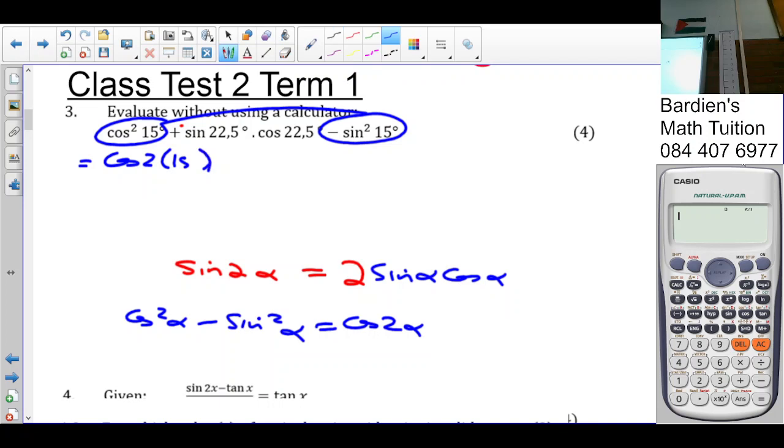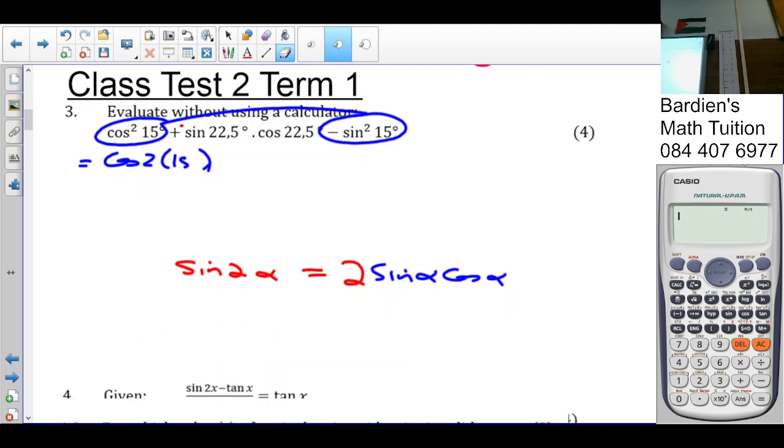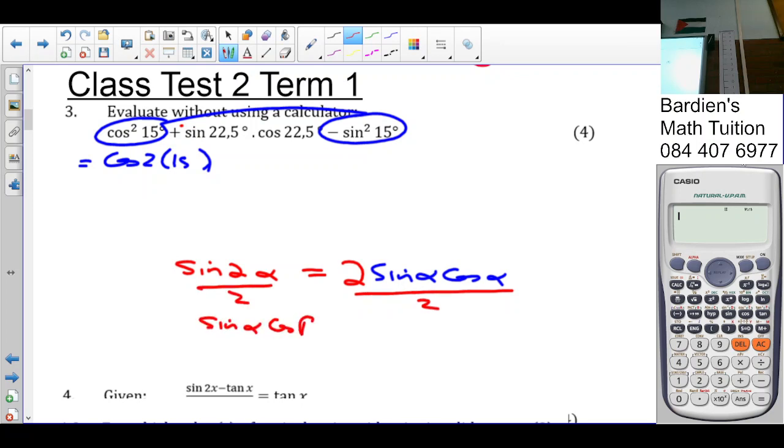Or it's going to be safer for you to say that to get this on its own, I divide by 2 both sides. So sin alpha cos alpha is equal to a half sin 2 alpha.